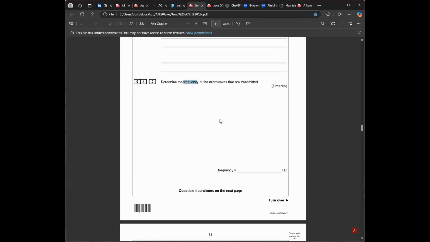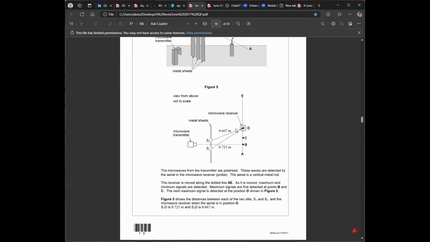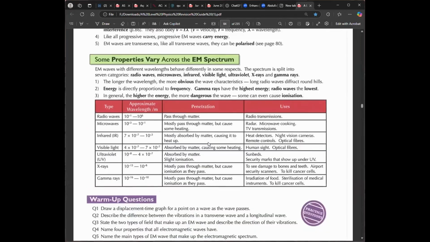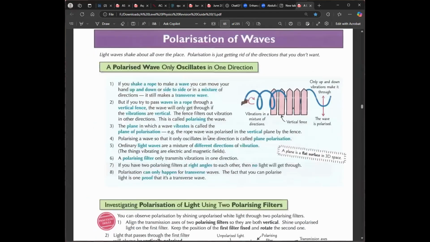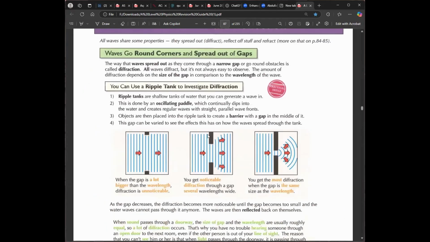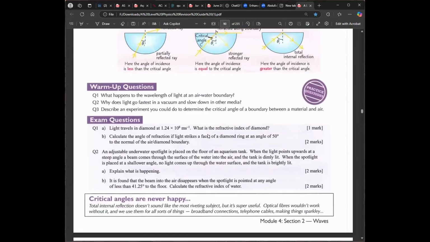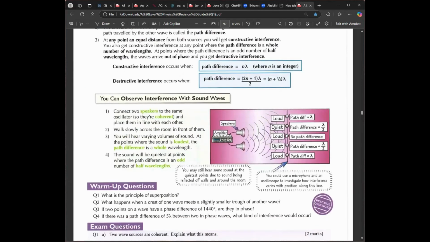To calculate lambda, what can you do? What are the things that are known to you, for example for point D? The only things that are known to you are the distance from S1 to D and the distance from S2 to D. Now this tells me, if I go back to the book, that is path difference basically that we are calculating.